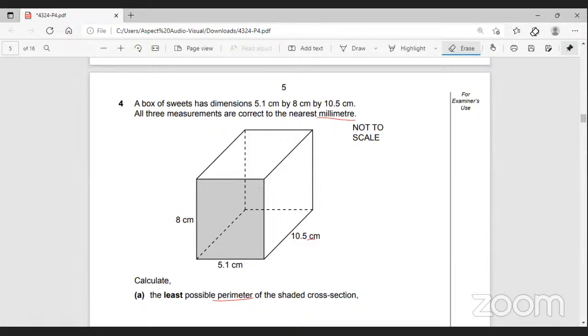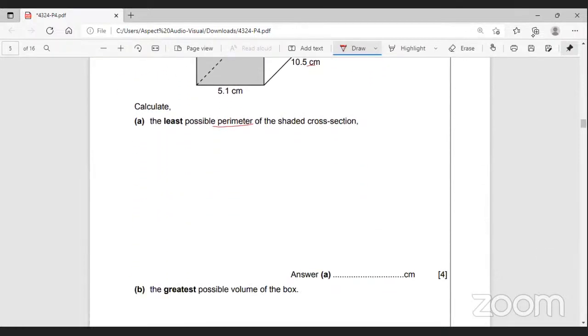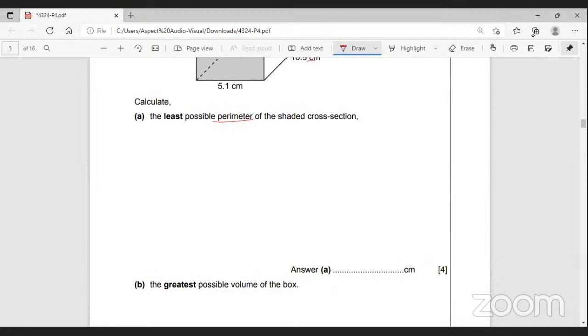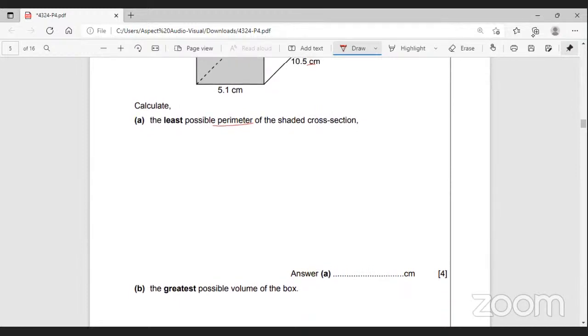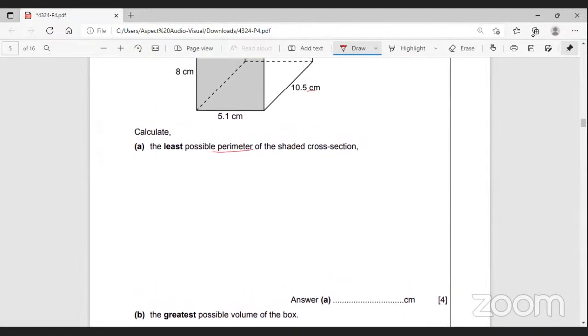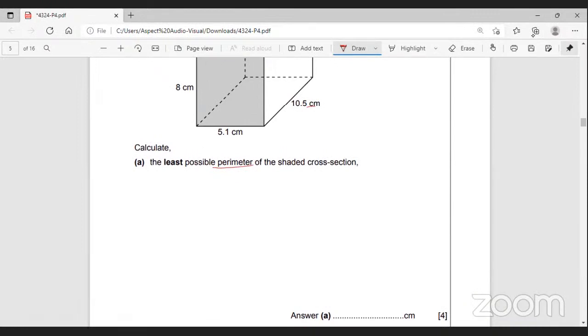So what we are going to do, the first thing, is to convert from the millimeters. No, the answer is basically in centimeters. Because we have to round it off to millimeters. All right, great.